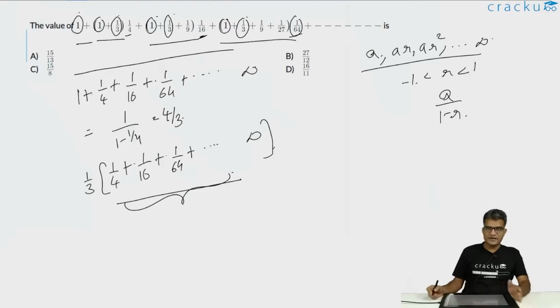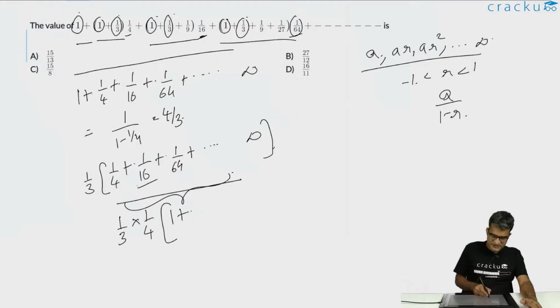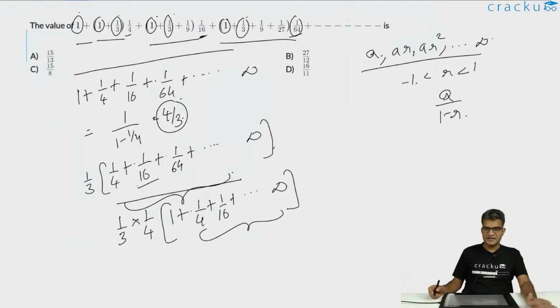Over here, if you take 1 by 4 out, you are going to get 1 by 3 into 1 by 4 into 1 plus 1 by 4 plus 1 by 16 plus dot dot dot till infinity. This we already know is equal to 4 by 3. We have just calculated that. So the contribution of 1 by 3 will be equal to 1 by 3 into 1 by 4 into 4 by 3.